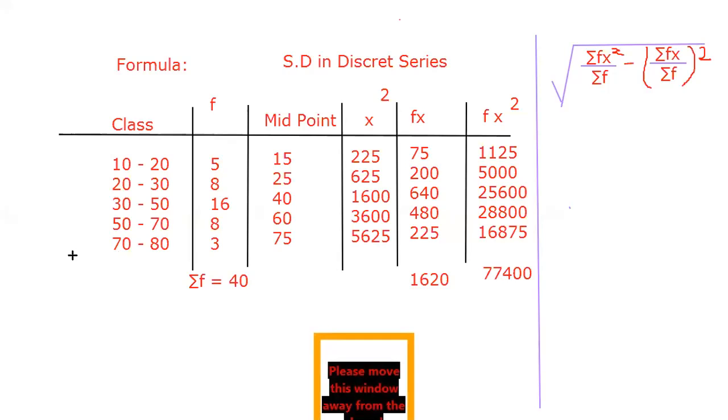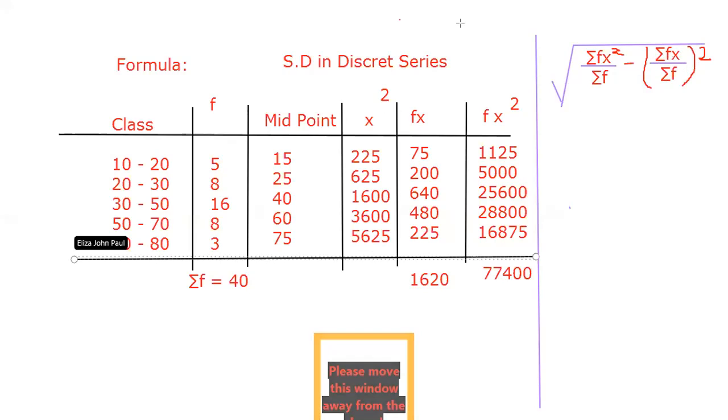So we are simply going to apply this in our formula. Already you know the formula, right? Sigma fx squared divided by sigma f minus sigma fx by sigma f to the whole square. We will apply this and get the solution.